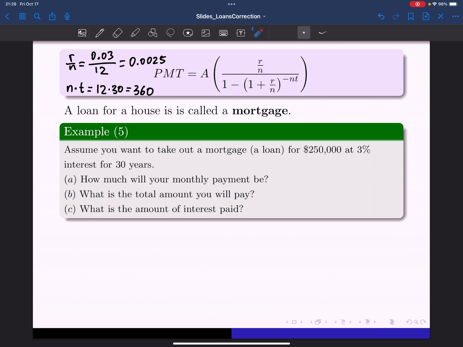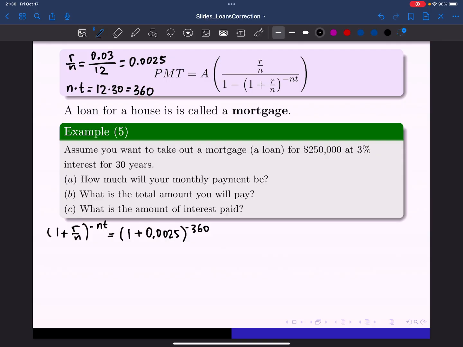Then we can keep calculating this part, 1 plus R over N to the power minus NT. This is equal to 1 plus 0.0025 to the power minus 360, where NT we already calculated is 360.